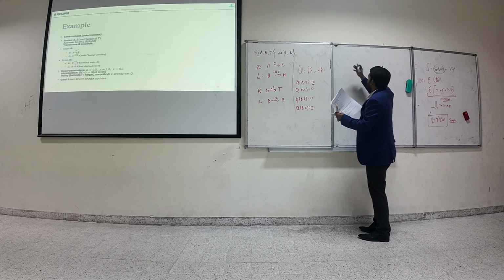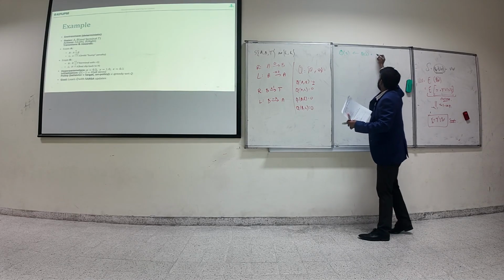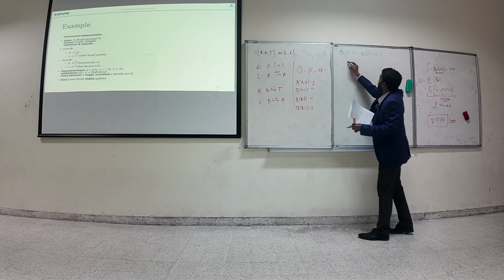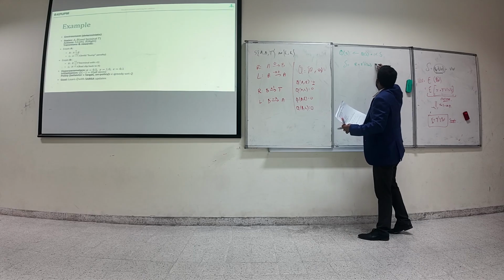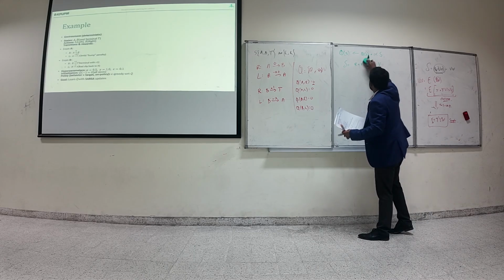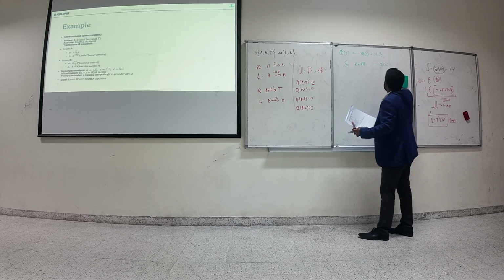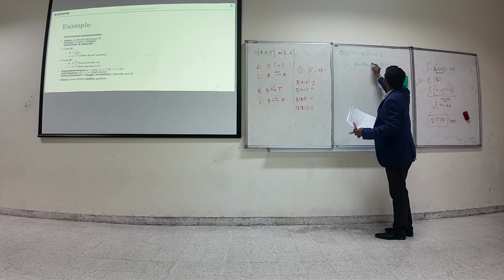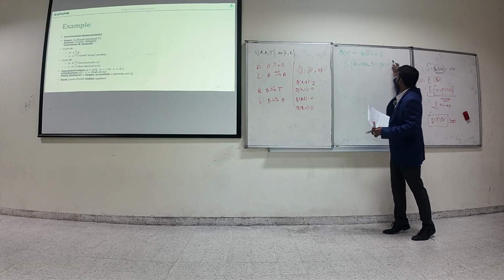Keep this in mind. Your updated Q value estimate is Q plus alpha times delta, where delta is R plus gamma times Q of S(t+1), A(t+1), minus Q of S(t), A(t).